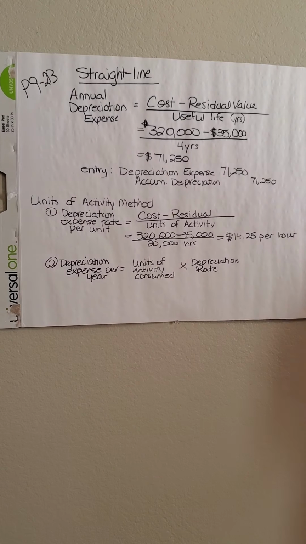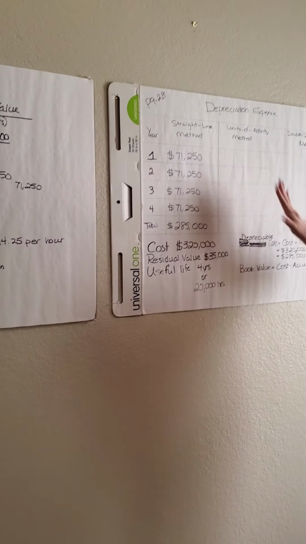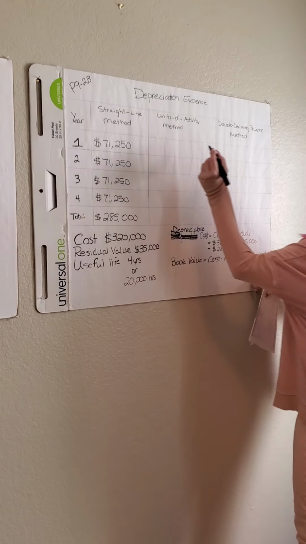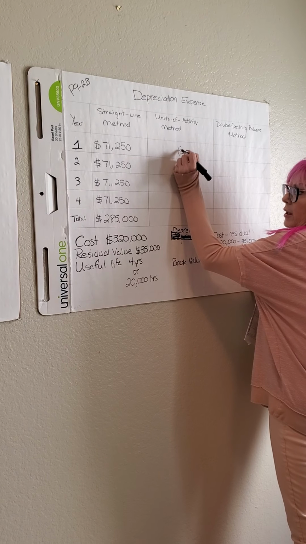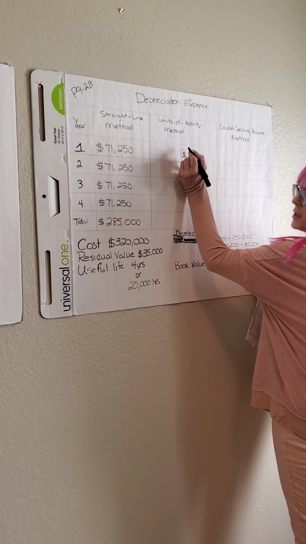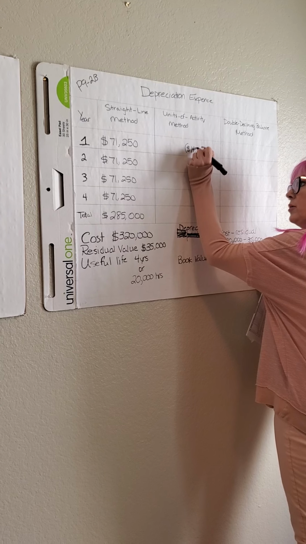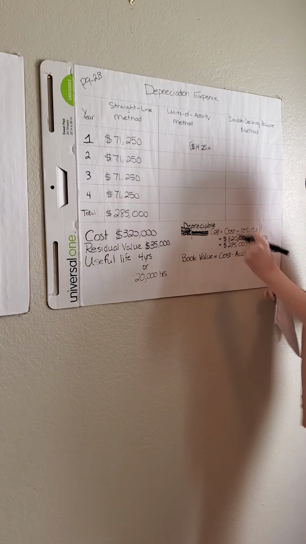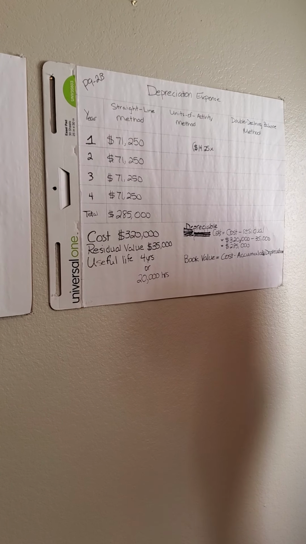So I'm going to put that in here as we go. All right, so remember each year we're going to use that rate of $14.25 per hour. And then we're going to multiply it times the hours used during the year.